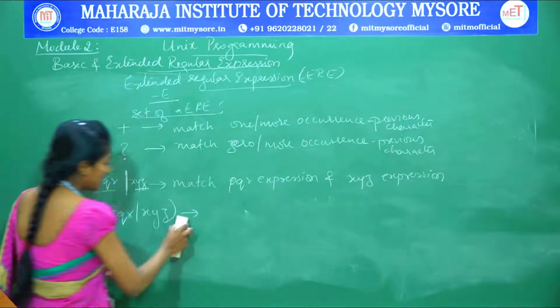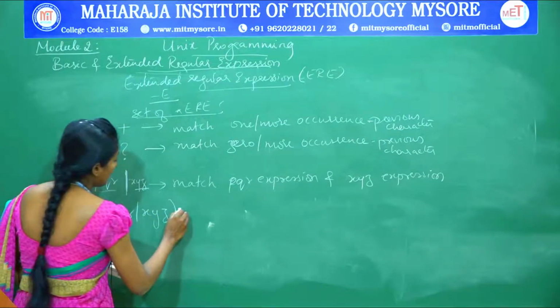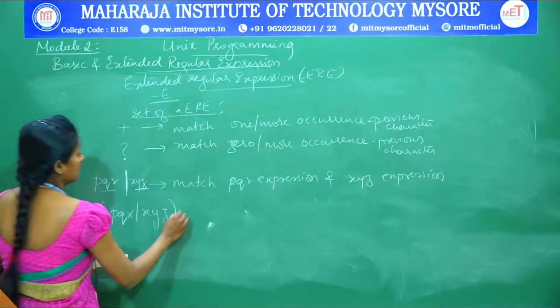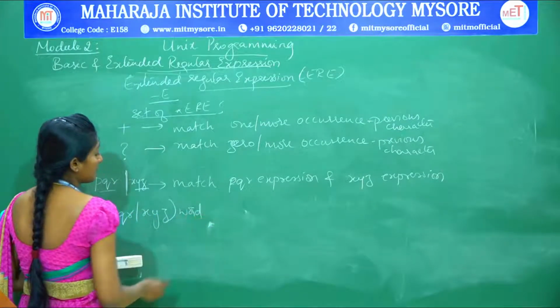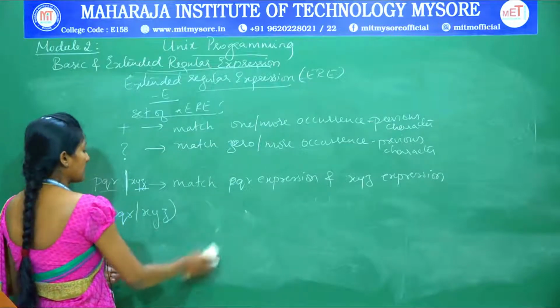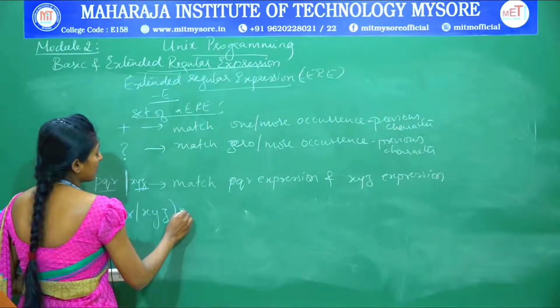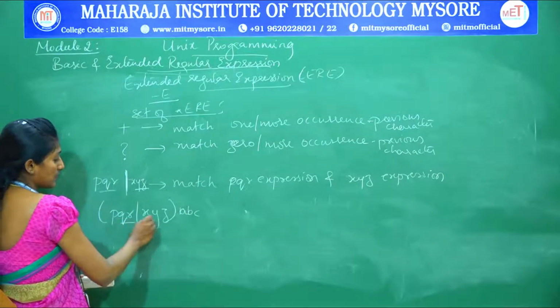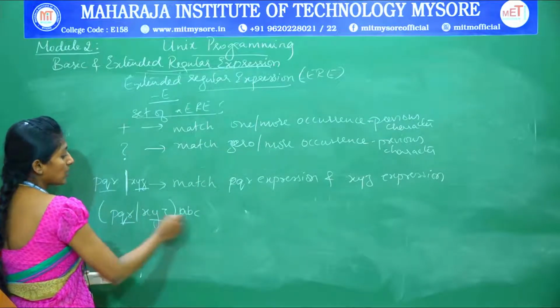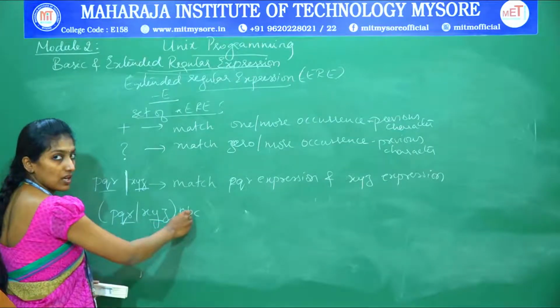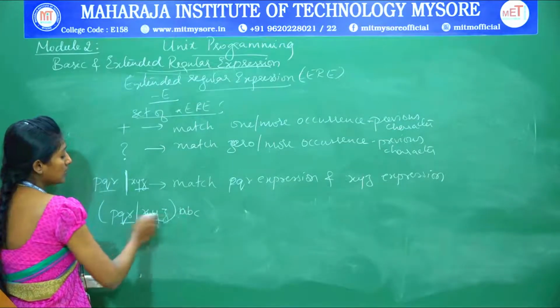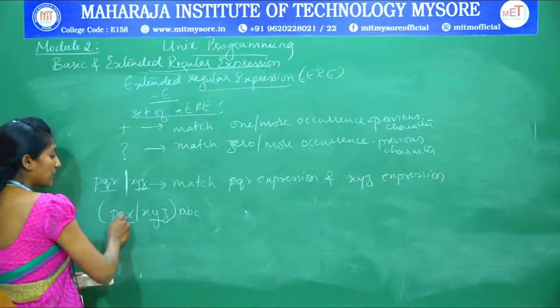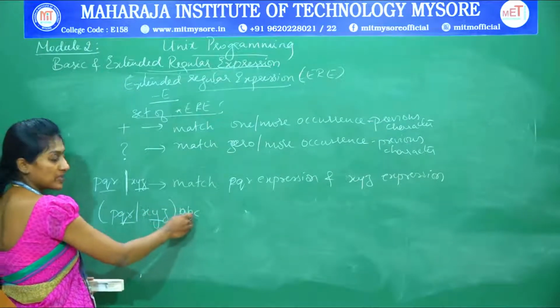If you want to match this kind of a pattern, like some word here or any other pattern, say like ABC. So this is one expression, this is one more expression, PQR ABC, XYZ ABC. So either of the two expressions can be matched, either PQR ABC or XYZ ABC.